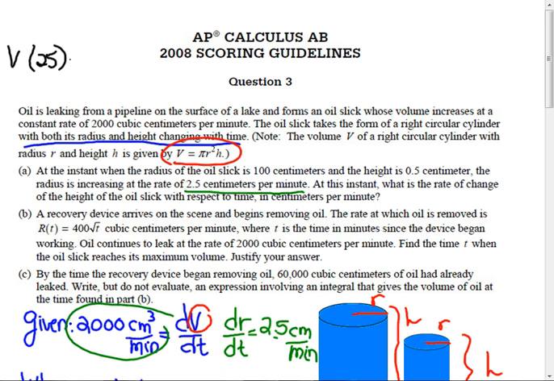Well, it's equal to the 60,000, right, that had already leaked in there, plus the amount coming in, which was 2,000, minus the amount going out, 400 square root of t, dt, and from where to where? Starting at 0 and going to how many minutes? 25.